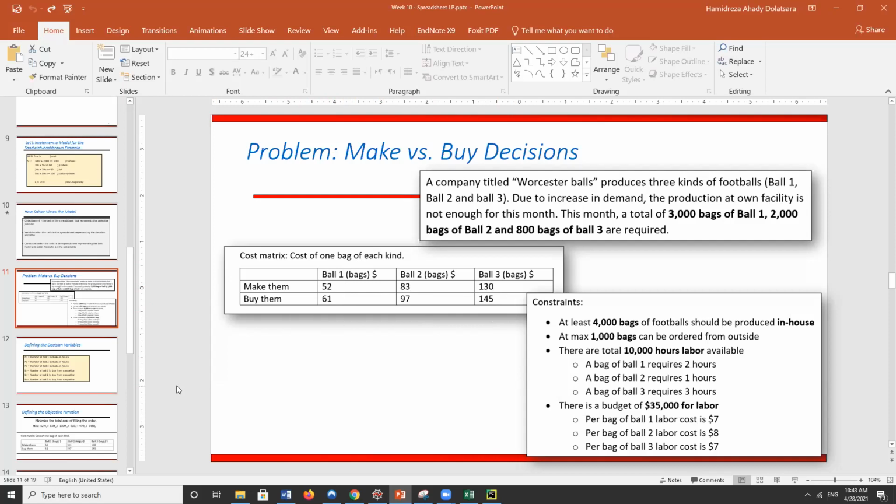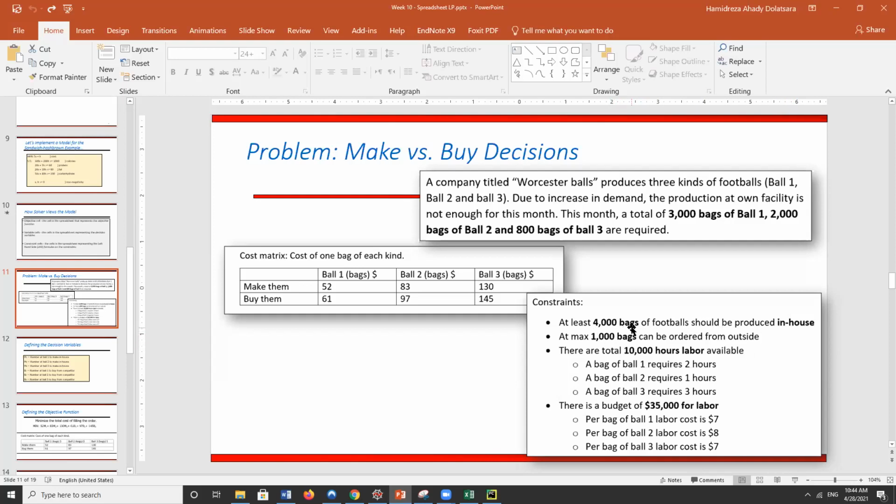Having said that, we have some constraints and some policies. Let's look at them. Based on internal policy, at least 4,000 bags of football should be produced in-house.